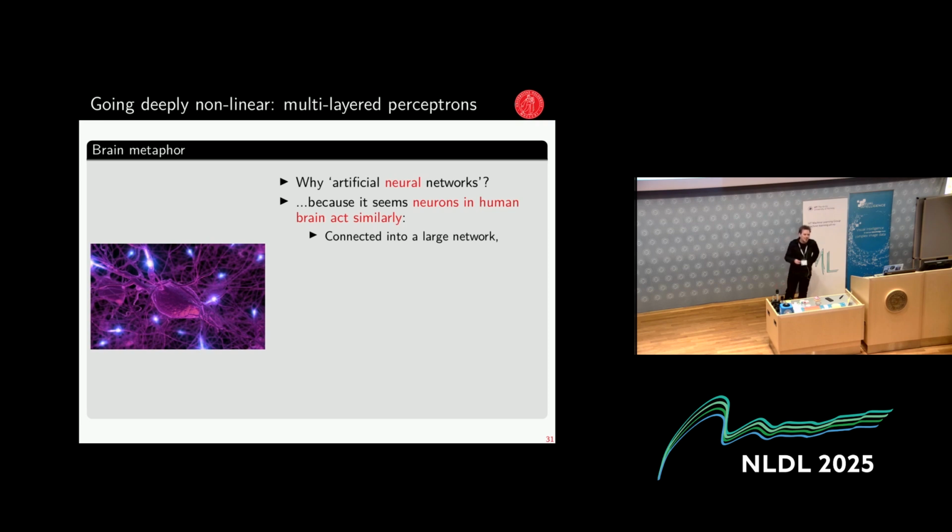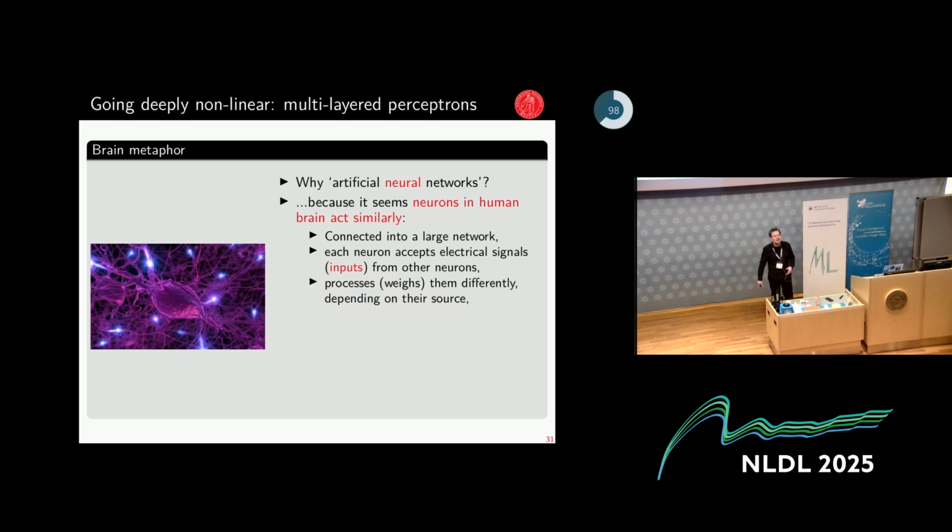So neurons in our brain are also connected into some large network. Each neuron accepts some electric signals, inputs from other neurons, right? It somehow processes these signals, weighs them differently depending on their source, depending on which other neuron these electric signals come from.